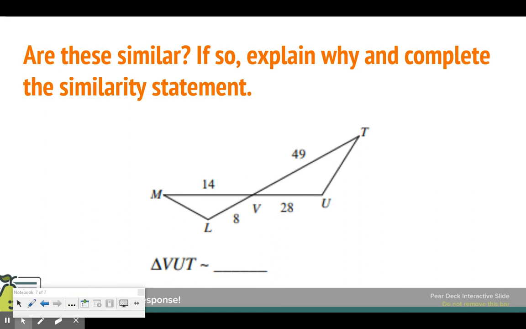Next one. All right, so again, vertical angles are easy to identify when we have crossing lines. So we're going to be looking at the side angle side shortcut for similarity. We need to determine if our sides are proportionate. Does 14 over 49 have the same scale factor as 8 over 28? Let me check here.